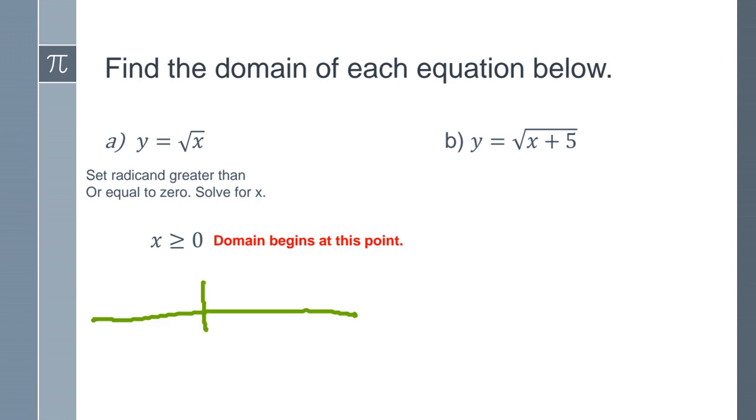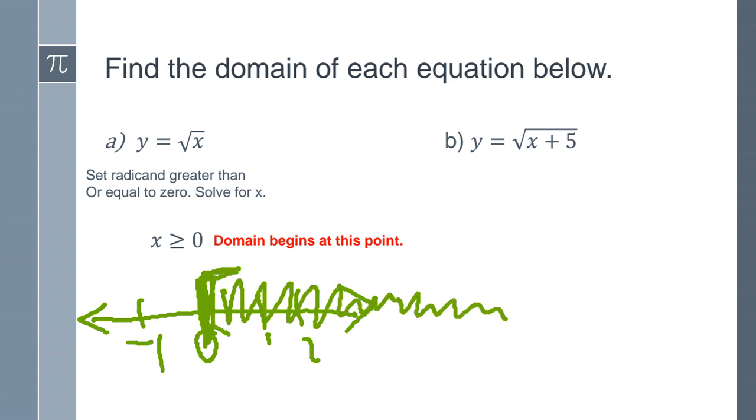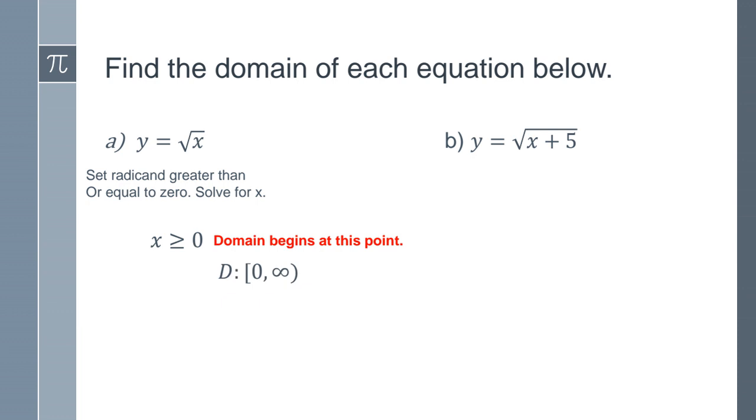And here's some numbers. So here it's telling me the domain is going to go from 0. And then you can use all of these numbers as part of the domain. Okay. Since I can use 0, I'm going to go ahead and use a bracket. So here I'm going to represent that I can include 0 with this bracket here.